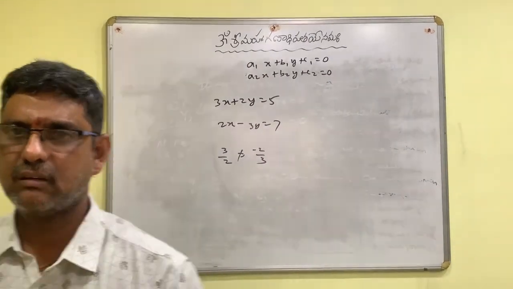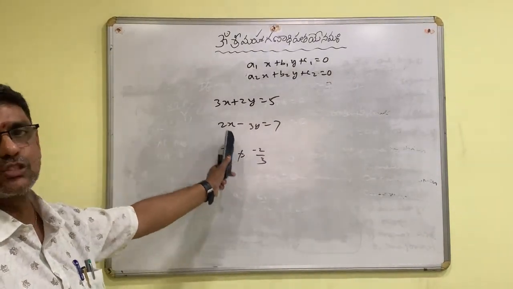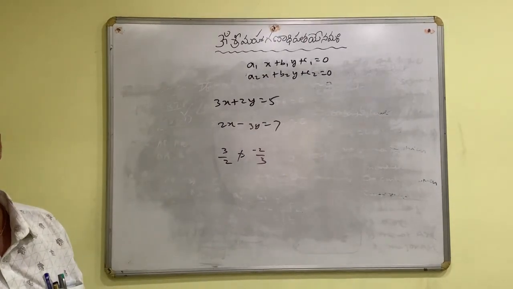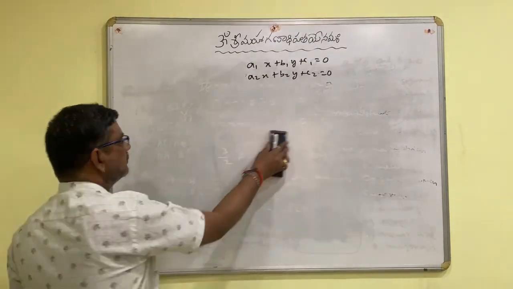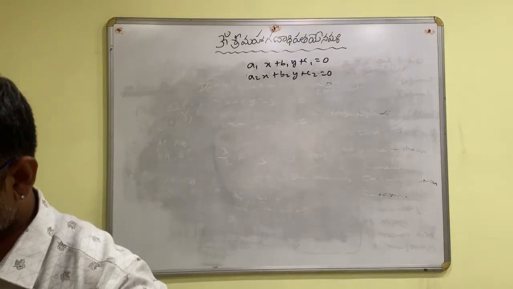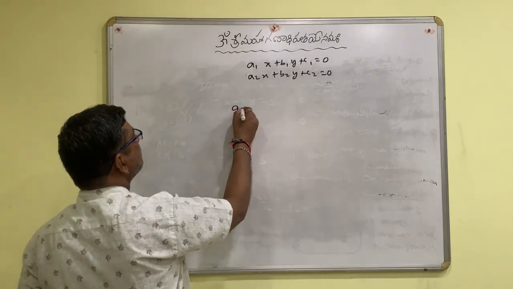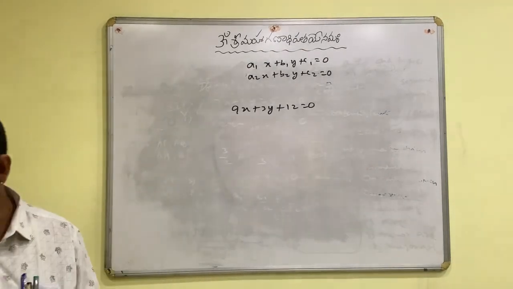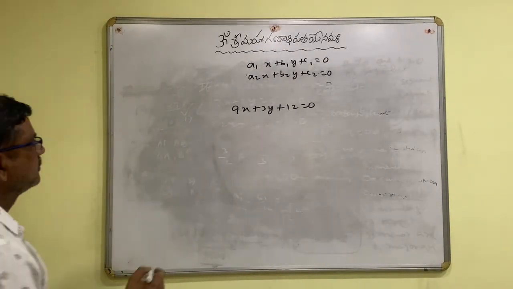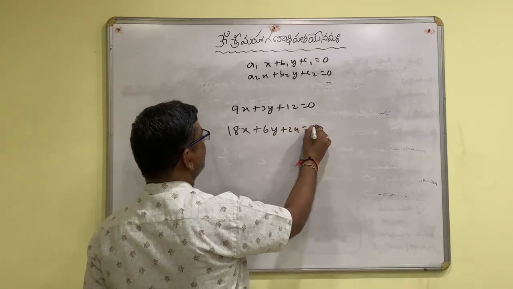When we draw the graph of these two lines, they will intersect each other at a point. Okay. Now another one. 9x plus 3y plus 12 is equal to 0. 18x plus 6y plus 24 is equal to 0.